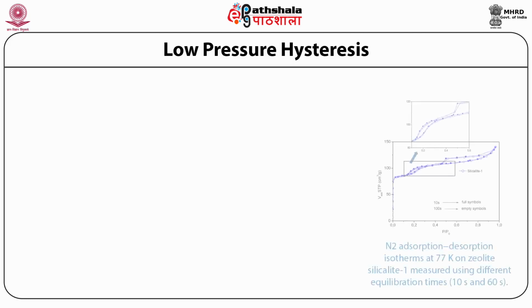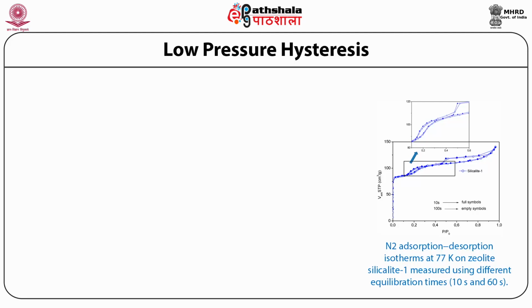Here, the graph shows nitrogen adsorption-desorption isotherms at 77 Kelvin on zeolite silicalite 1, measured using different equilibrium times, that is 10 seconds and 60 seconds. You see, two hysteresis loops are seen.